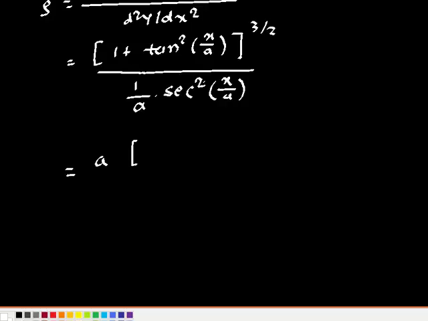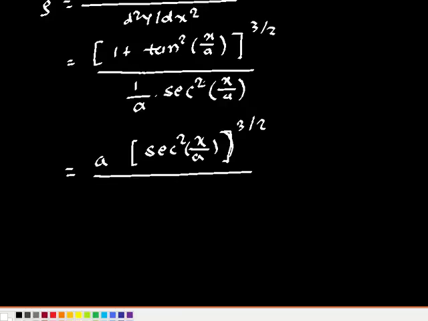Here we will use one property of trigonometry: 1 plus tan square theta is sec square theta, so it will be sec square x upon a, bracket raised to 3 by 2, and in the denominator it is sec square x upon a.